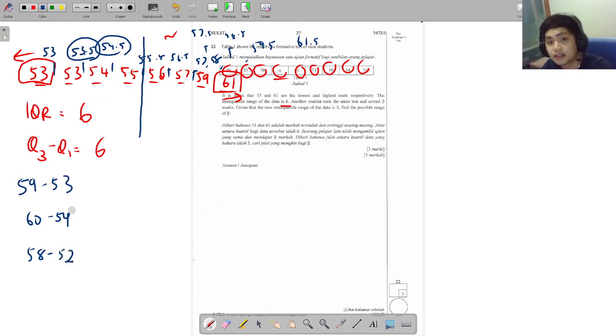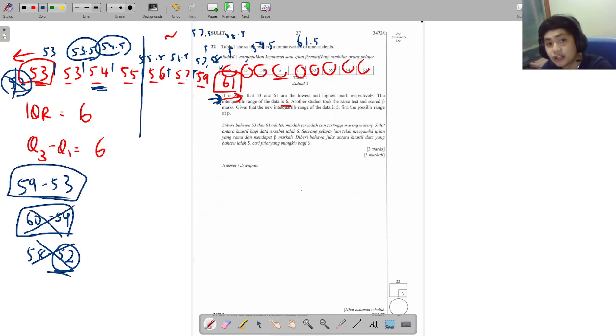You can't use 52 because this is too far, right? It's out. And for 60 minus 54, 54 is still just nice, but 60 is a little bit too deep into the thing, so we can't use this as well. 59 minus 53 is probably our best bet.